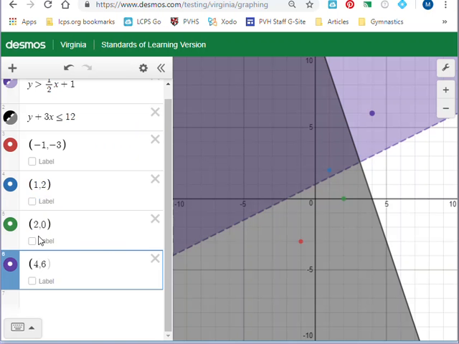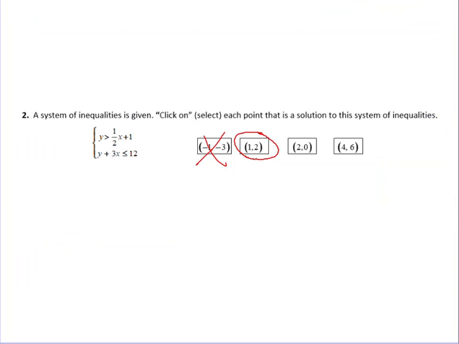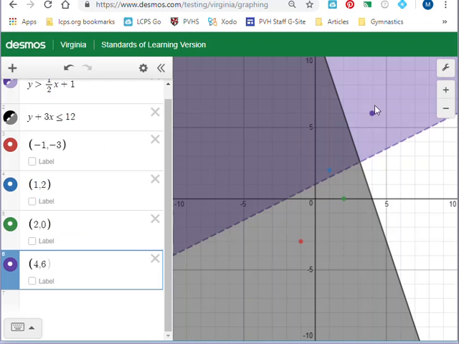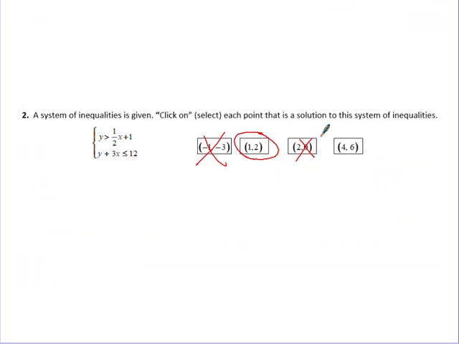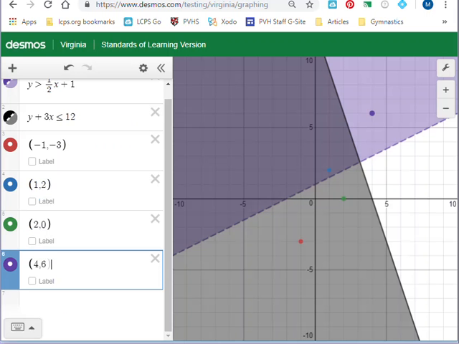Our third point, (2, 0), the green point, is only in the black area, so that is not a solution. And the fourth point, (4, 6), is only in the purple area, so that is not a solution either. Our only solution is the point (1, 2).